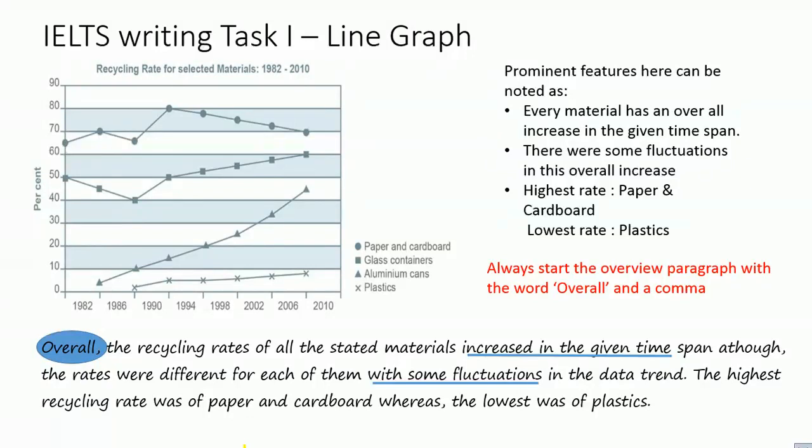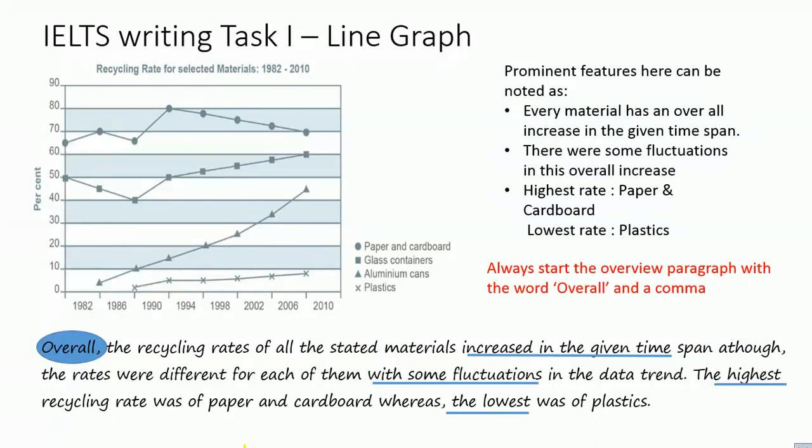Going further, the rates were different for each of them with some fluctuations in the data trend. So here I note down my second prominent feature. I end this sentence here and I start a new one which is dedicated to our third prominent feature.